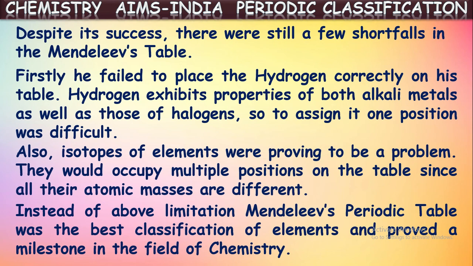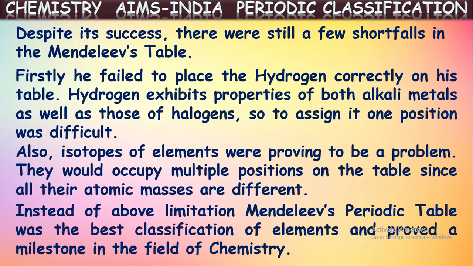Despite the above limitations, Mendeleev's periodic table was the best classification of elements and proved a milestone in the field of chemistry. Of course, this is correct. Even though there are limitations, and even though we are not following this now, it is one of the most successful classifications because it laid the correct path for the classification of the modern theory.